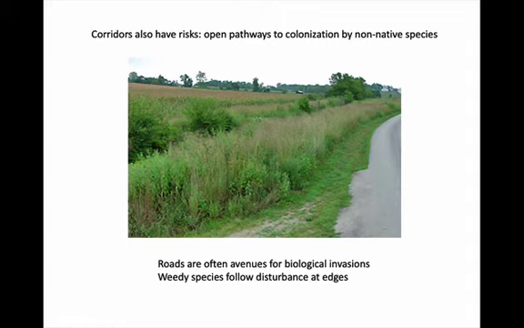They damage native ecosystems, they cause the extinction of native species, and the costs of control exceed $100 billion per year at this point. It's only going to get worse. So corridors are a two-edged sword. They can help the conservation of native species, but they also provide opportunities for invasion by non-native species.